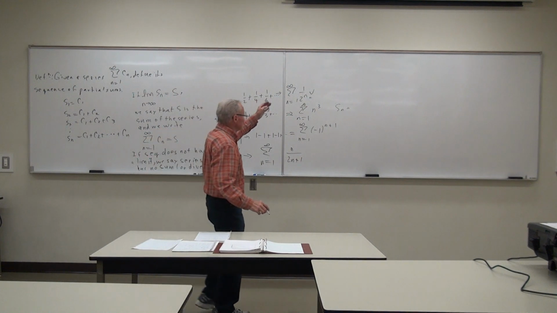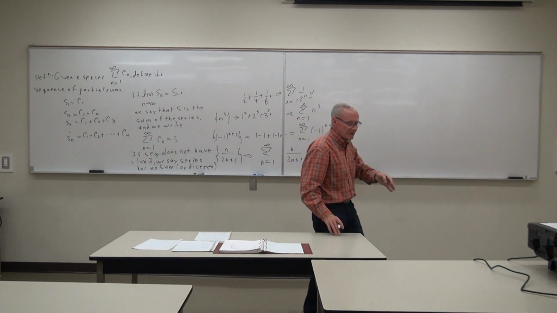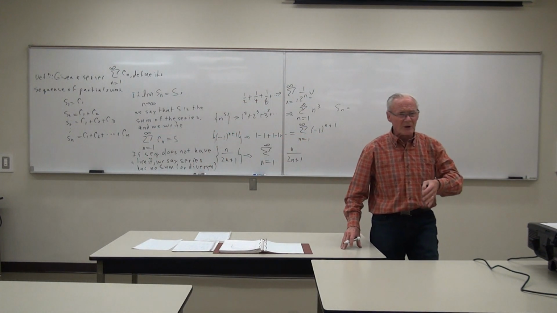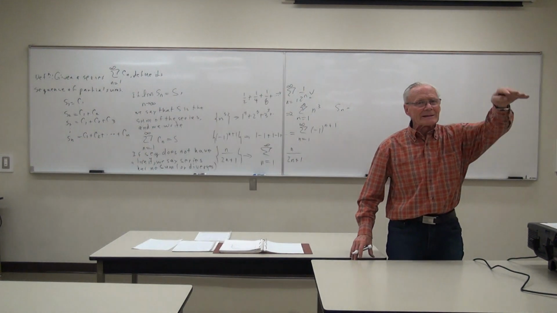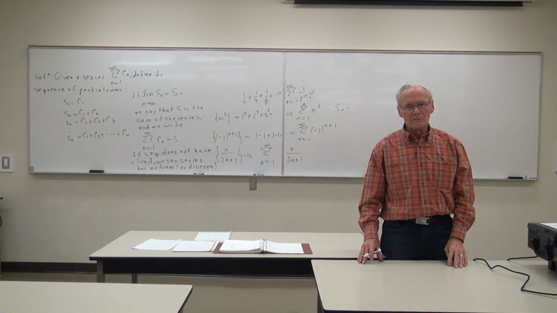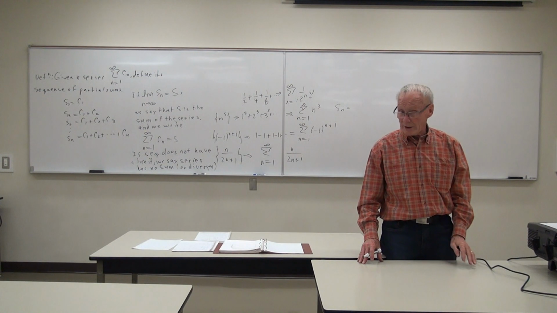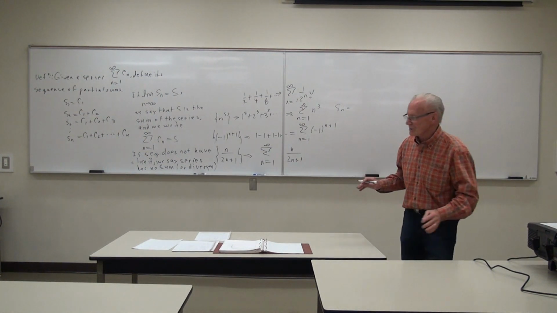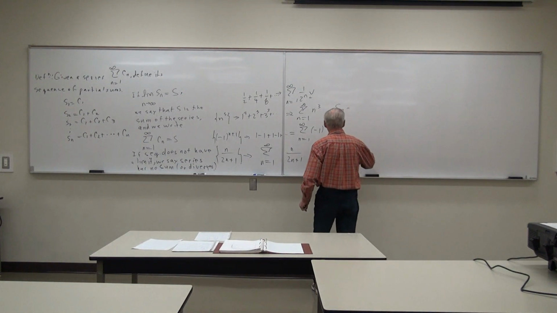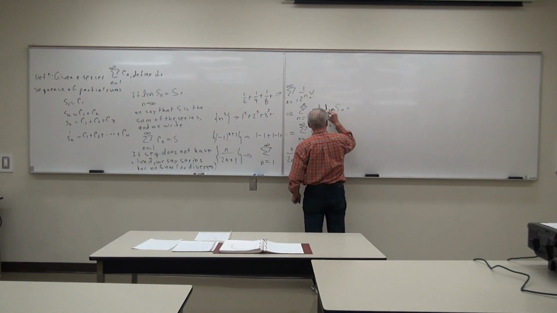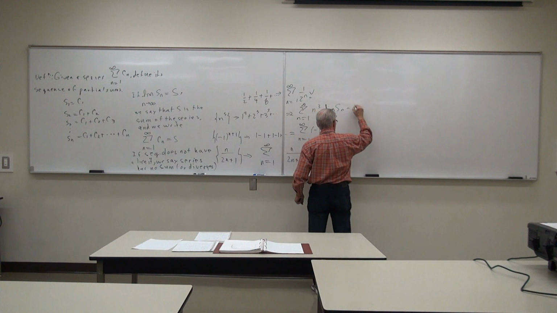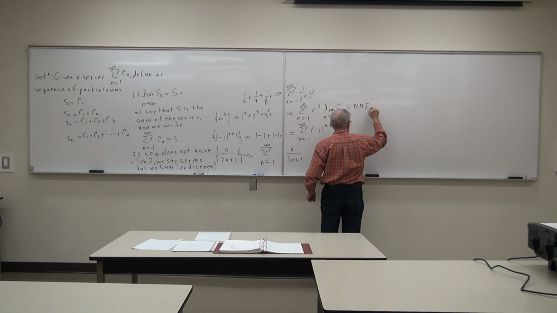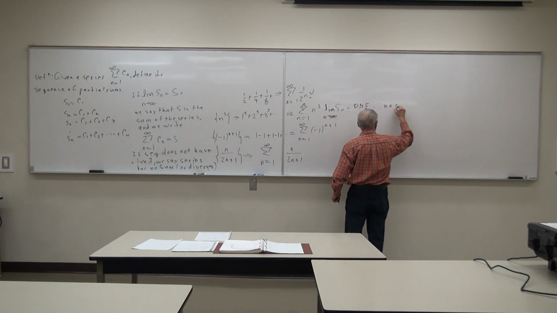That means you write down the first term, and then you add the first two terms, then the first three terms, and the first four terms, and you keep doing that. Is it settling down? And the answer is no. Those partial sums just get huge. So the limit of S sub n does not exist, therefore no sum.